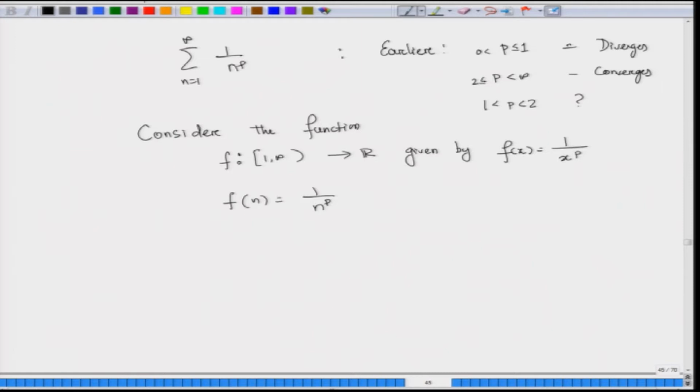Let us now try to do this. We have done it earlier, but let us do it again. We need to check whether the integral converges or not.